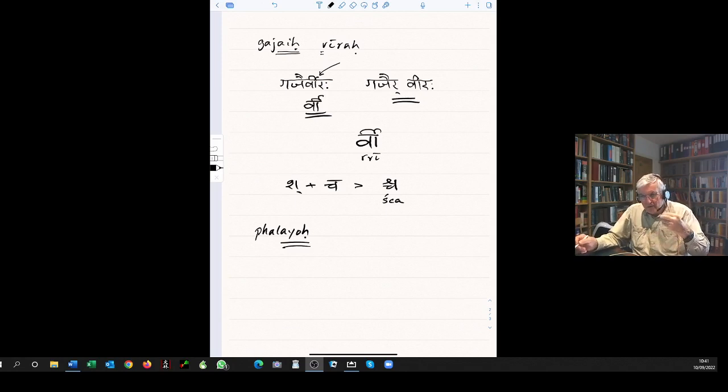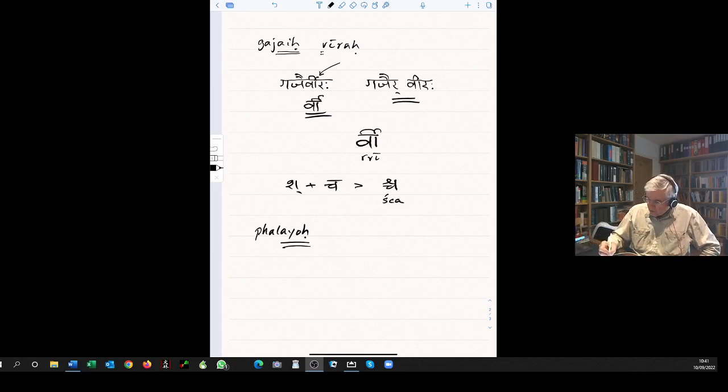So it could be either the water, literally the juice of the two fruits, or it could mean the juice in the two fruits. There's an ambiguity here. We haven't seen it in context, so we can't resolve whether this palayor is a locative or a genitive. It could be either. We'd need more context in order to determine which it is.